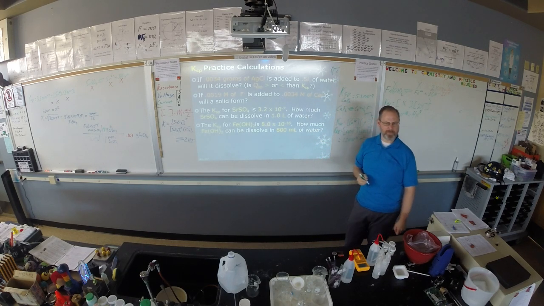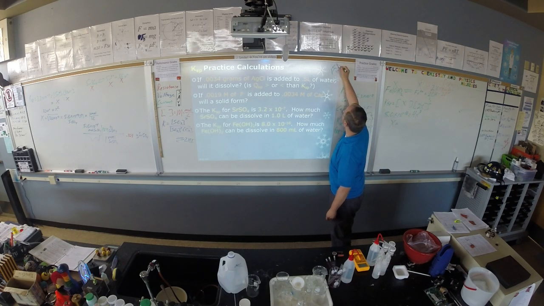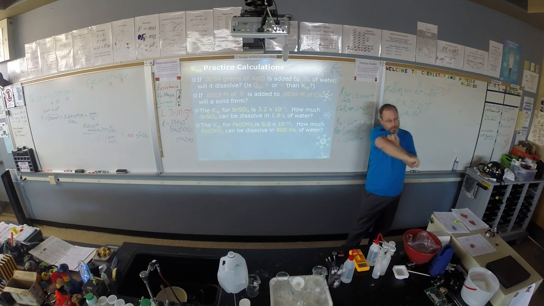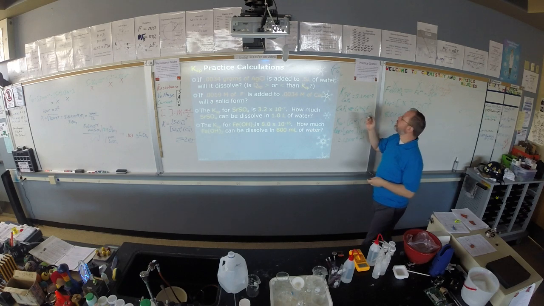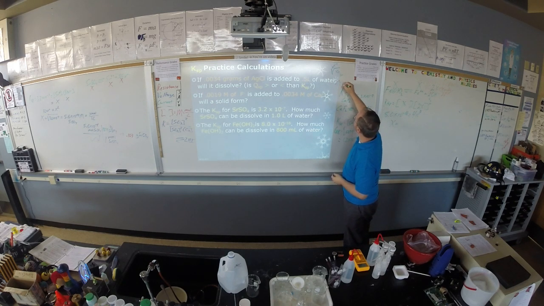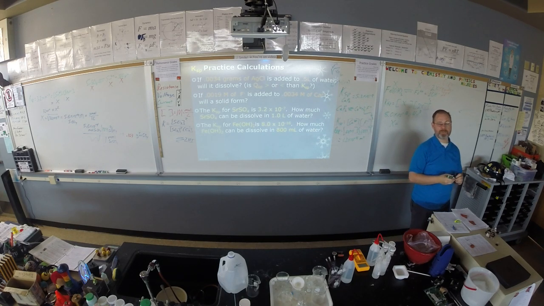You just make the n a 3 and you make the x the answer, and then you can do a cube root. If you can't find your cube root key, you can also raise your answer to the 1/3 power. Another way to do a cube root is just to raise it to the 1/3 power.